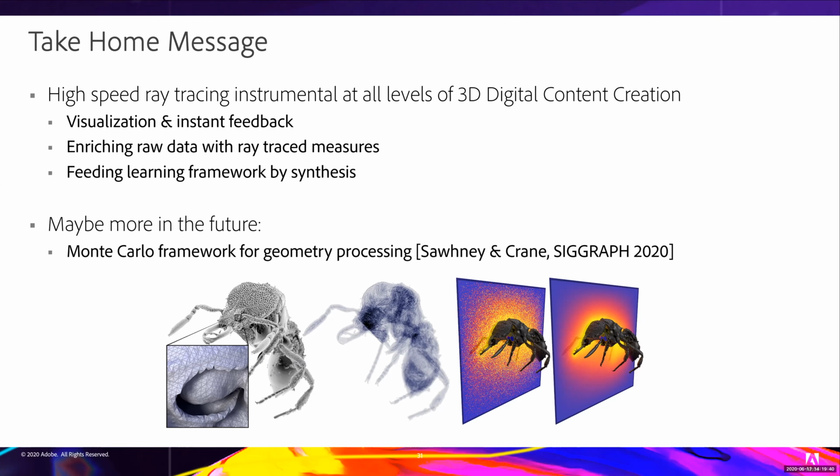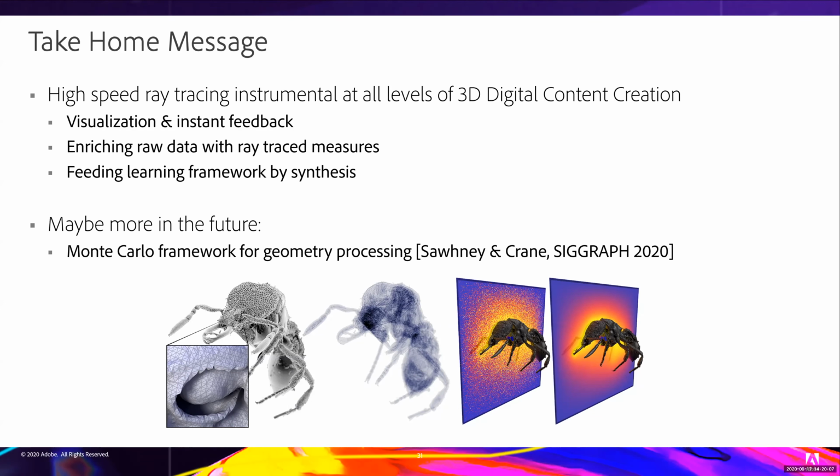It's basically a Monte Carlo framework, the root of modern path tracing, which is used to solve PDEs on 3D domains. So it's basically helping perform geometry processing without having to actually mesh the domain or build complex systems of equations, just by mimicking a principle that is very close to Monte Carlo path tracing.